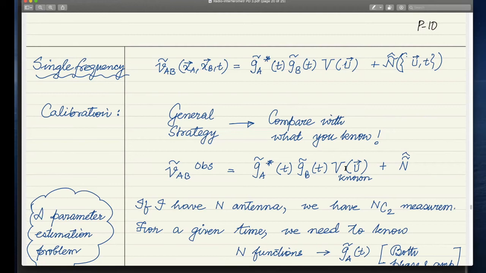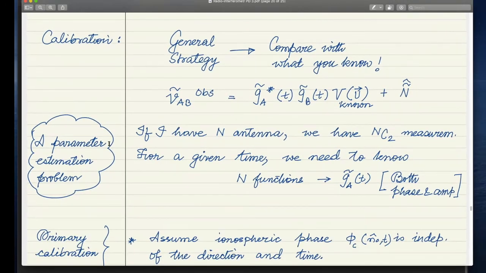So what you do is observe the visibilities for a known source. And what can be a better known source than a point source at the phase center, which has only amplitude equal to the flux of the source, and the phases are all zero. So whatever phase you get out of it, you can assign to GA and GB, and whatever amplitude you get in excess of or multiplication of the source amplitude, you can again assign to GA and GB.